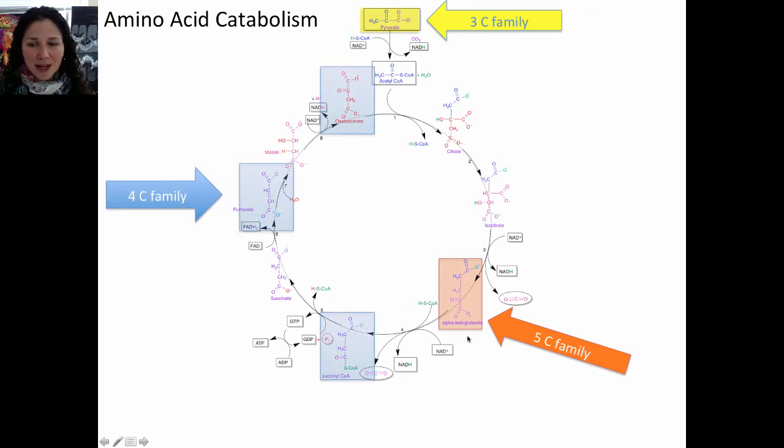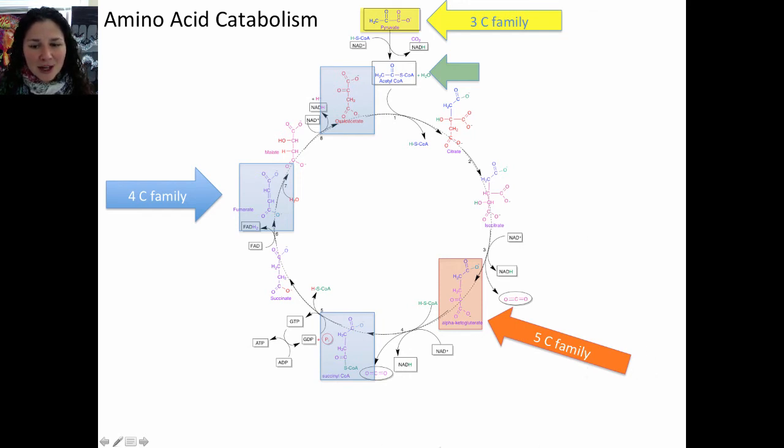The 5-carbon family amino acids will enter at alpha ketoglutarate, and the 4-carbon family of amino acids will enter at one of these places along the citric acid cycle. There's also a place here at acetyl-CoA where some of the amino acids can enter the citric acid cycle at the very start. Amino acids that enter at pyruvate or acetyl-CoA will produce the most energy for the cell.